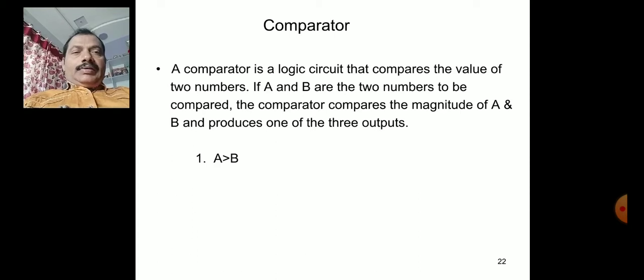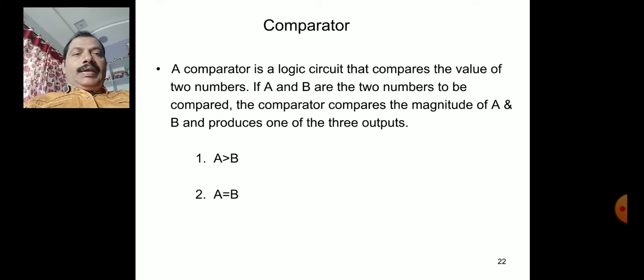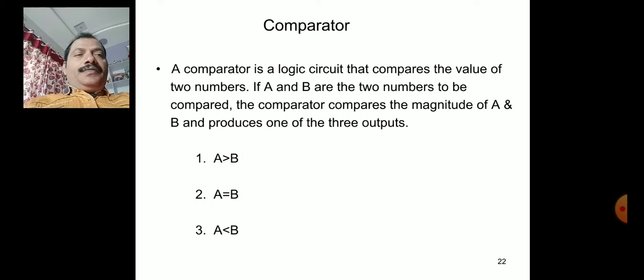Number 1, A greater than B. This is one possible output of the comparator. A equals B, A less than B. These are the three possible outputs of the comparator. So we identified the number of inputs and the number of outputs.